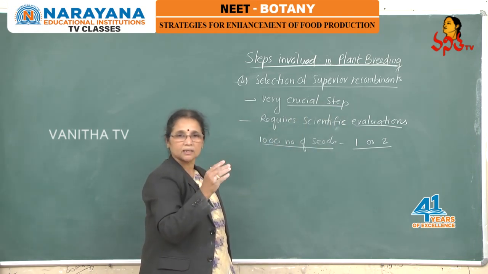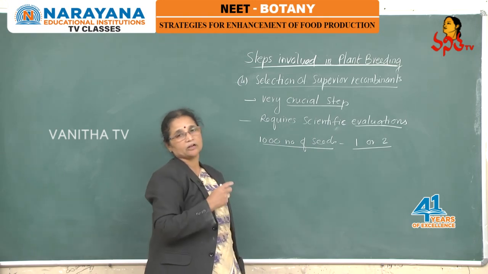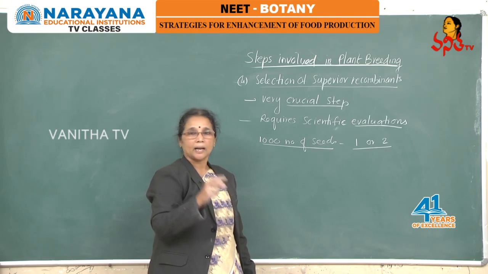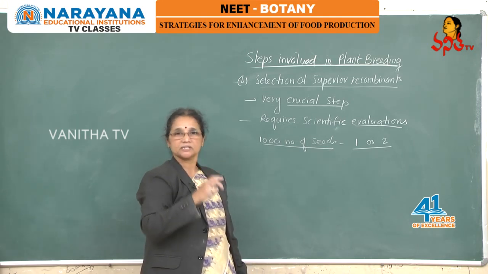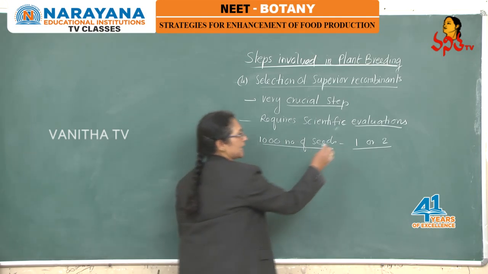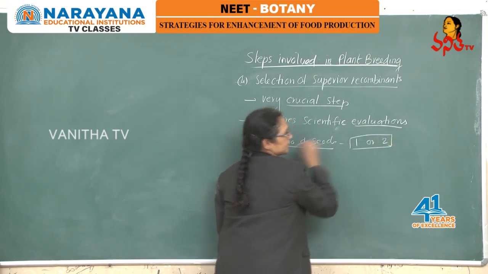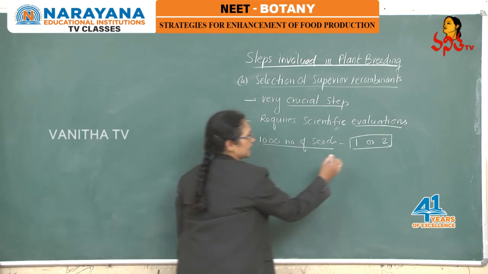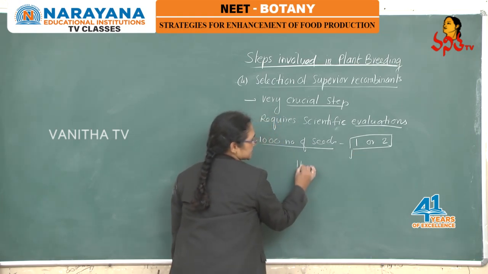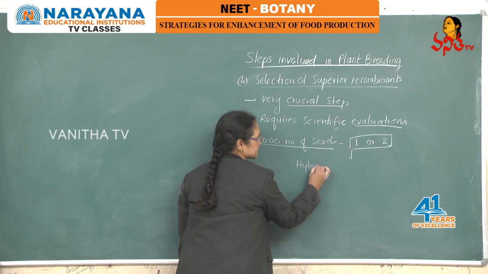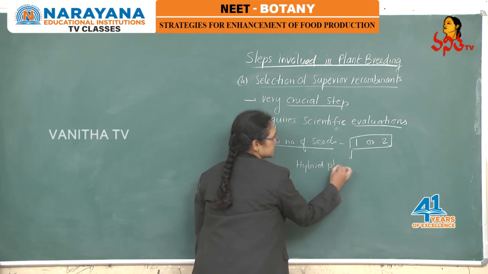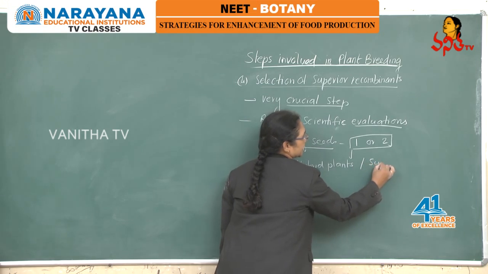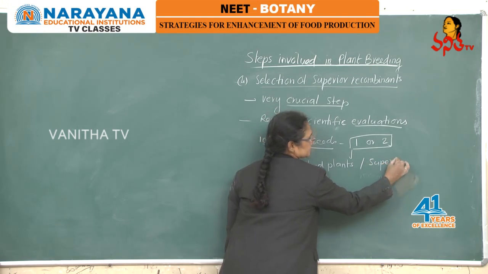By growing these seeds in an institute and observing the characters of the plants, those two plants are selected on scientific evaluation. Now those two plants are called hybrid plants or superior recombinants.